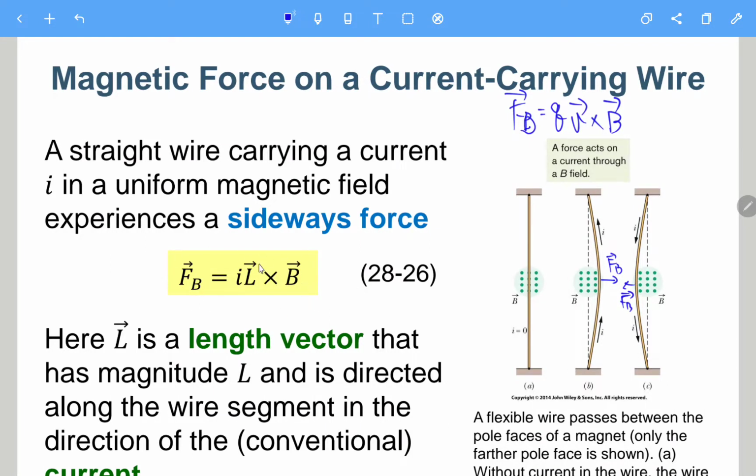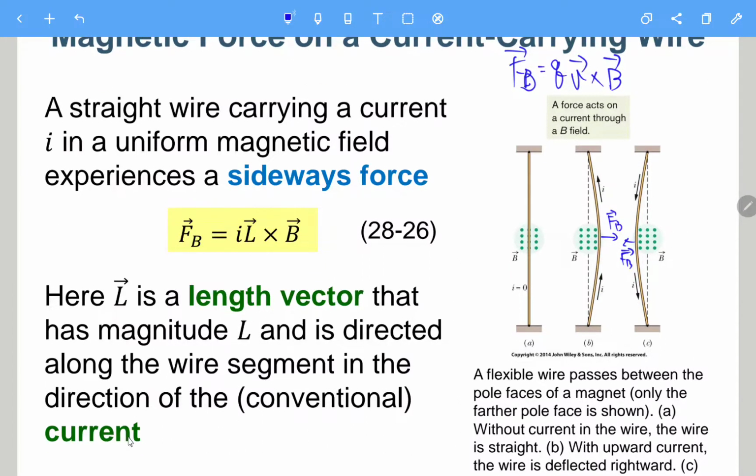If we believe this to be correct, then how do we use it? Current is current, going from bottom to top. So this L is the length vector. The magnitude is the length of this wire, and the direction of this length vector is the same as the conventional current.